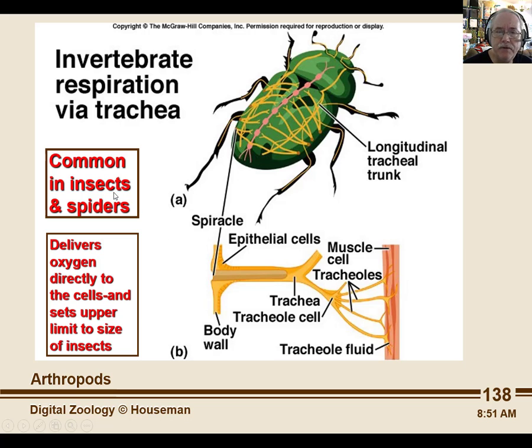Again, these are found in insects and many spiders, and they are very highly branching within the animal's body, delivering oxygen directly to the cells. Their ability to carry oxygen in and finely branch sets an upper limit to the size of insects. They can't get larger because these trachea can't get more finely branched and literally supply oxygen to all parts of the body.